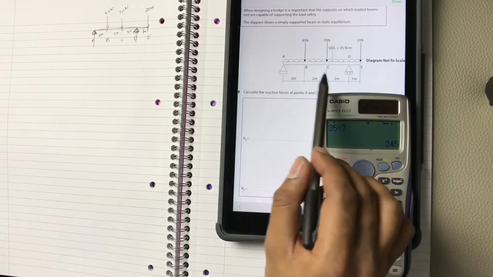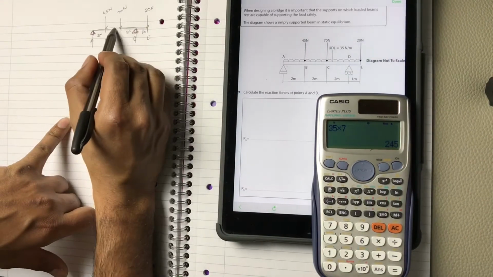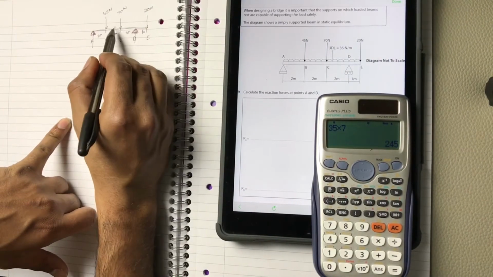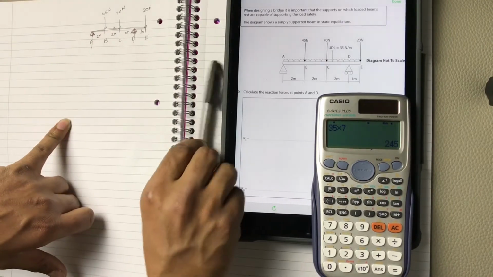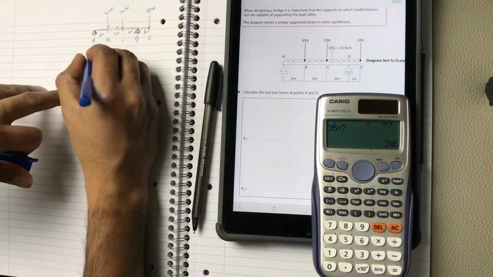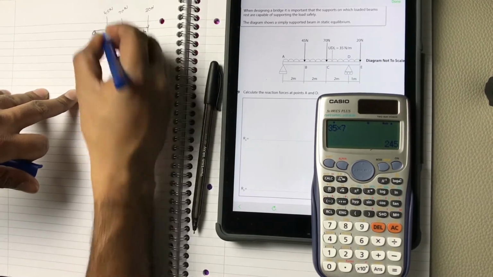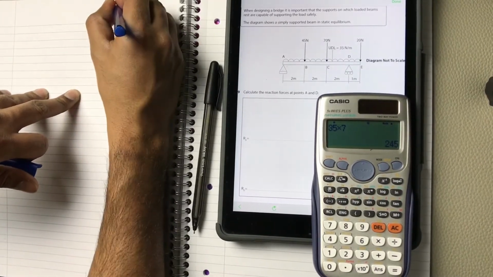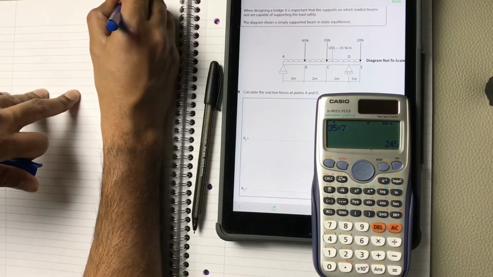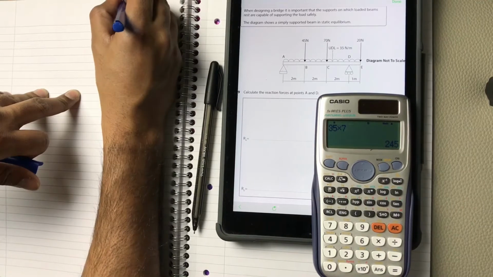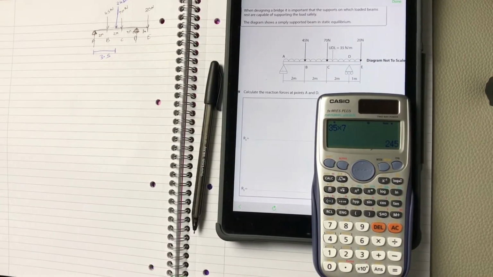The midpoint of 7 is 3.5, so that's going to be somewhere halfway around here roughly. I'm going to use a different colored pen to show what I have calculated: 3.5 and a load of 245 Newton. That's a 5, not an S, my bad.